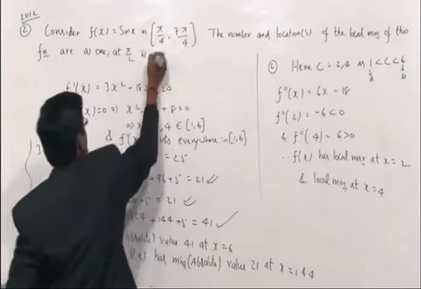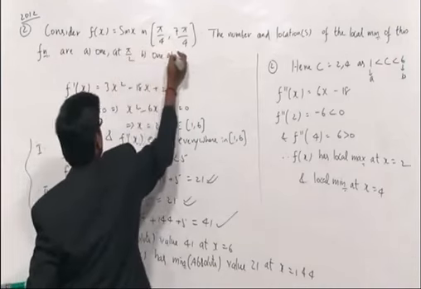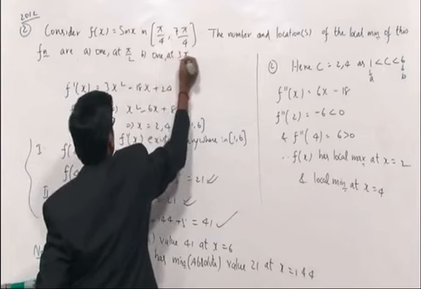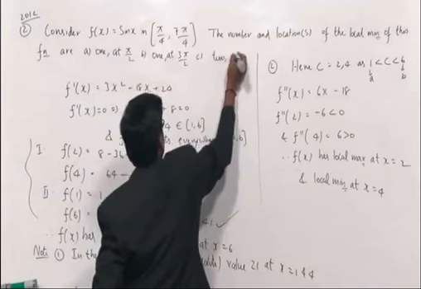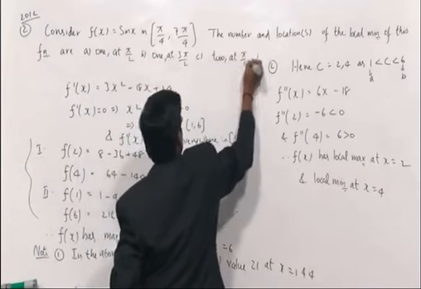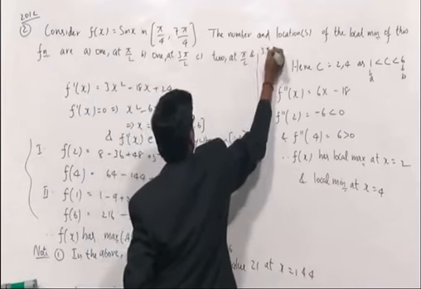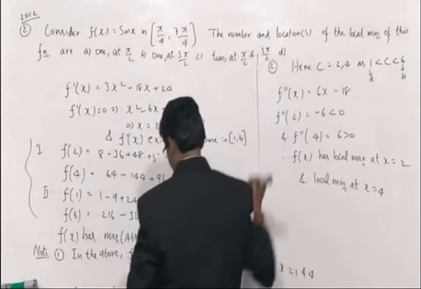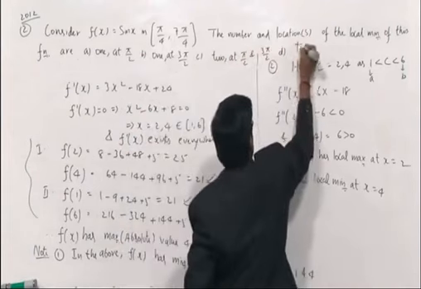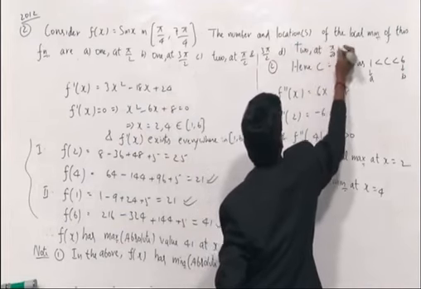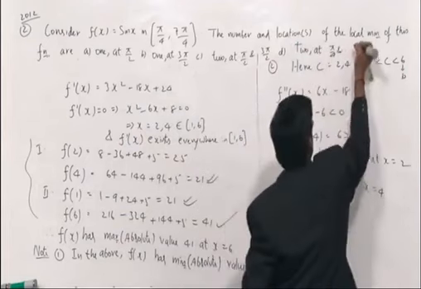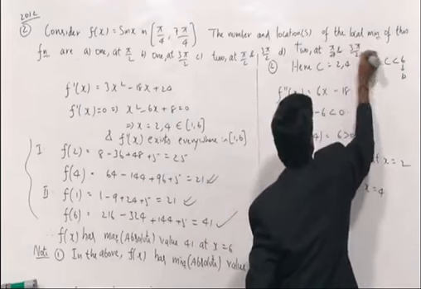B, 1 comma at 3 pi by 2. C, 2 comma at pi by 2 and 3 pi by 2. Option D, 2 comma at pi by 4 and 3 pi by 2.